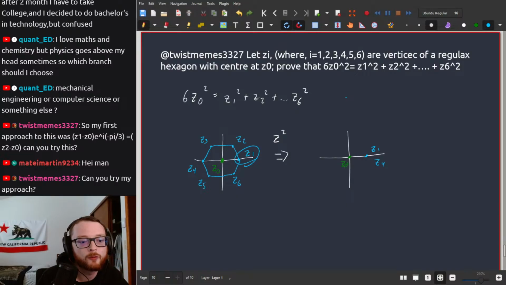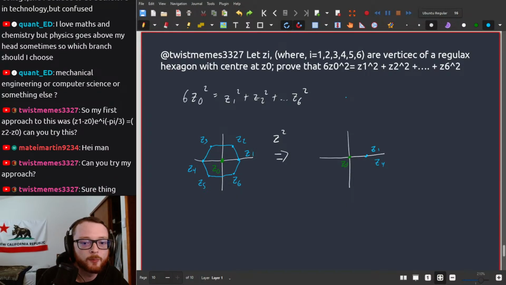So when we square z1 that stays put, when we square z4, it comes over to 1. If we square z2, the angle gets doubled. It's going to end up at z3. If z3 gets squared, the angle gets doubled. I guess it's going to end up at z5.